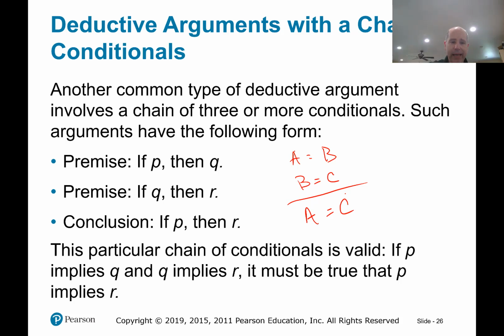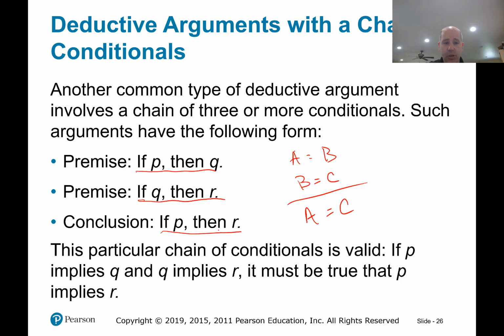So if we have if P then Q, and this is true, and then we have if Q then R, and that premise is true, then the conclusion is if P then R. Well, think about it.